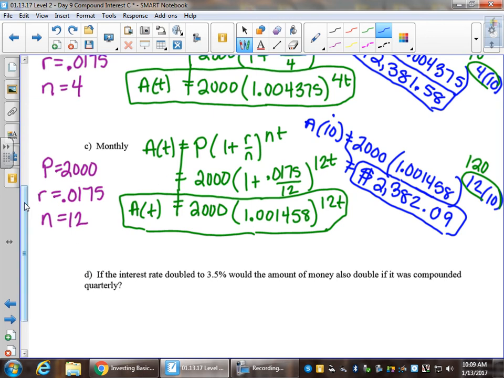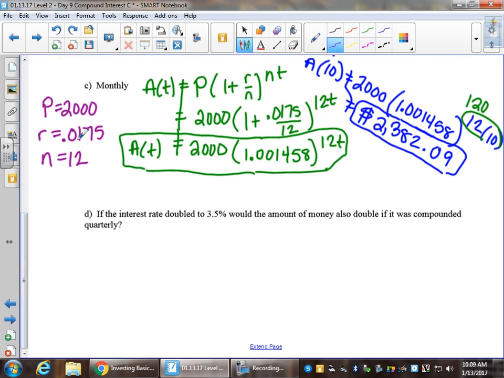Okay, let's see. So what do we know? What is P still equal? We haven't changed that. That's still 2,000, but what are we changing? We're changing R to what? 3.5%. As a decimal, what is that? And what are we saying for N?